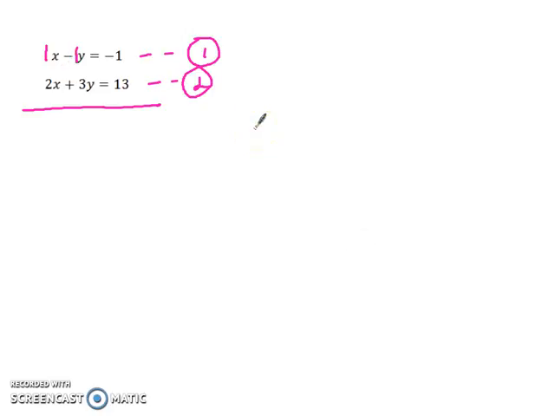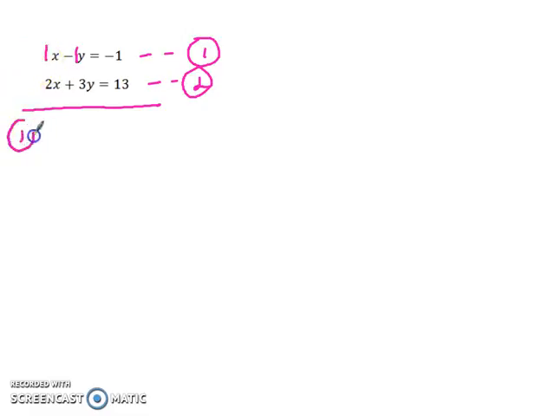Something else to consider. I need one of these coefficients to match one of these. I don't care whether you eliminate the x or the y, but I'm going to need one of these to match. So here I've got a 2x, here I've got a 1x.